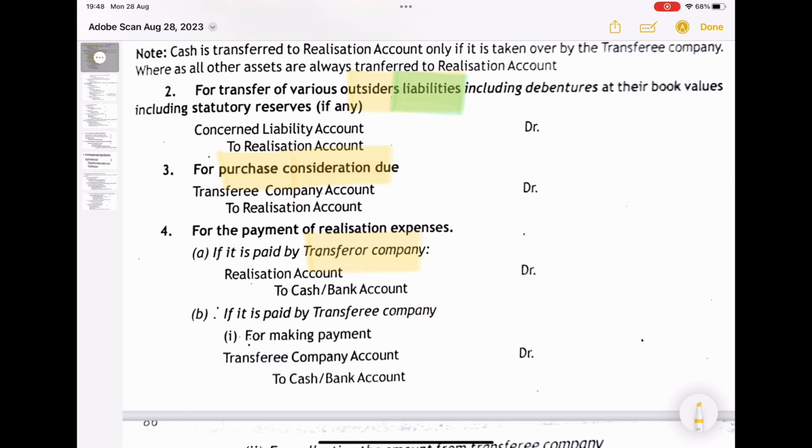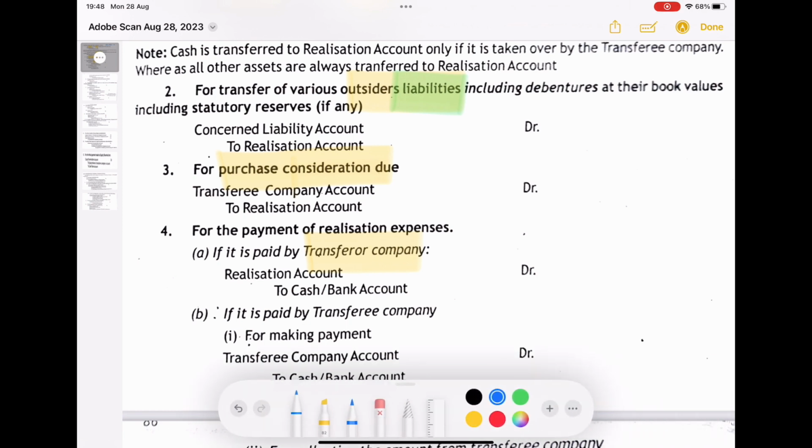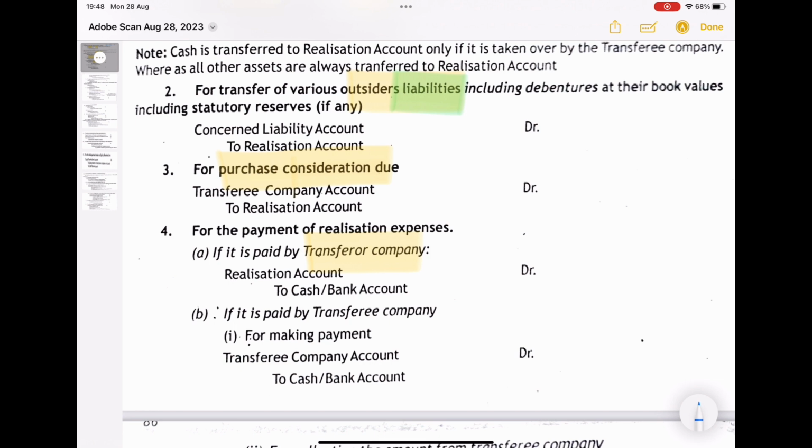These things will be directly mentioned in the question itself. So the details will be provided in the question. By reading the question, we have to identify which entry we are going to pass. So no need to worry about this.